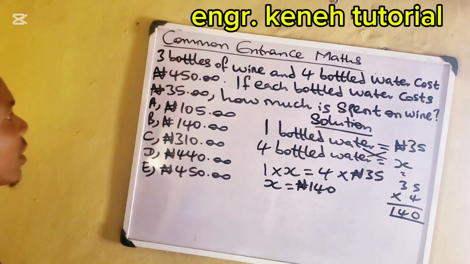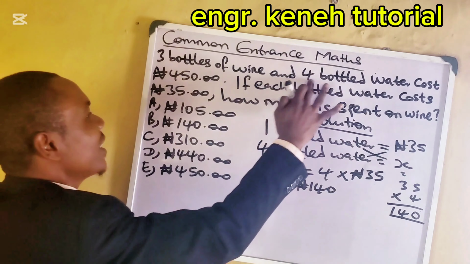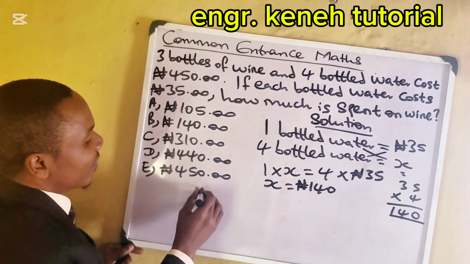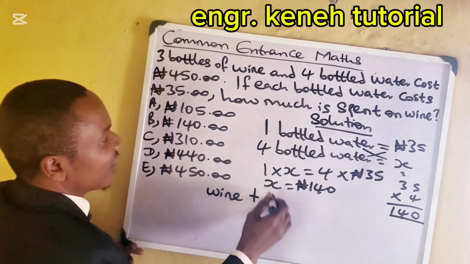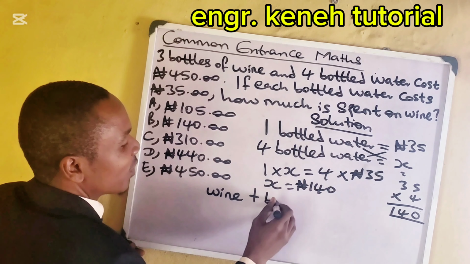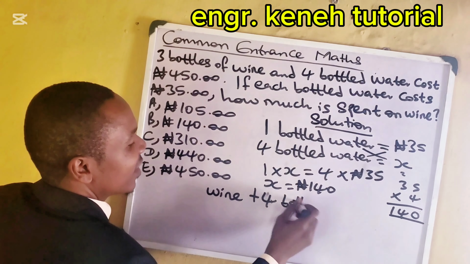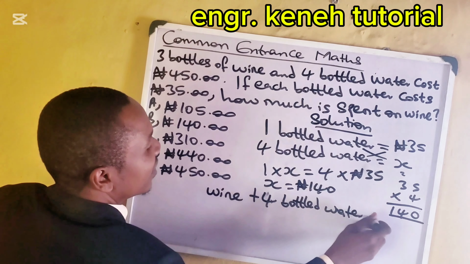Now, remember they said 3 bottles of wine and this. That means that the price of 3 bottles of wine, so we have the price of wine plus the price of 4 bottled water, is equals to what?